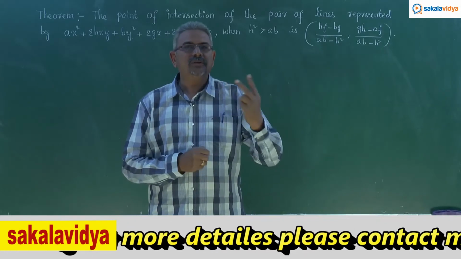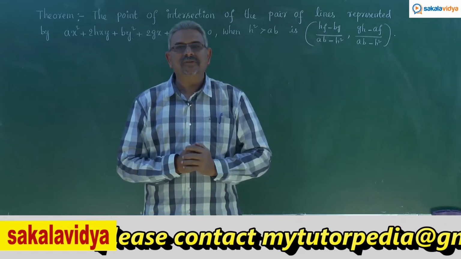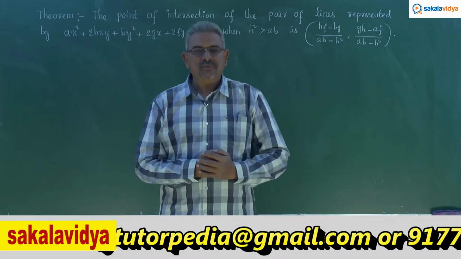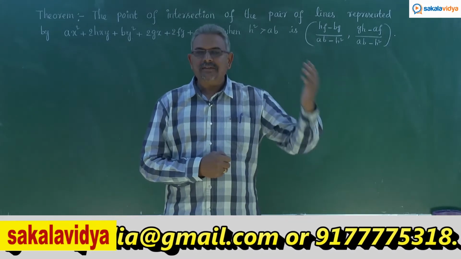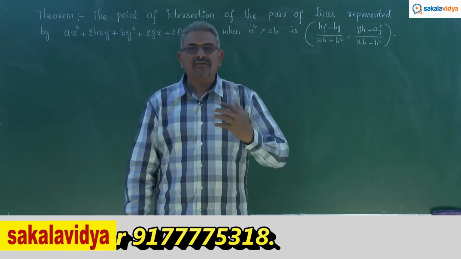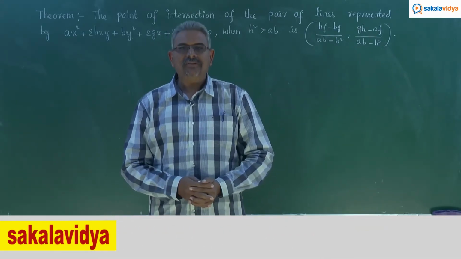By solving the two equations, we get x1, y1, which is nothing but the point of intersection of the pair of lines. This strategy is to be followed to find the point of intersection of the pair of lines ax square plus 2hxy plus by square plus 2gx plus 2fy plus c is equal to 0.